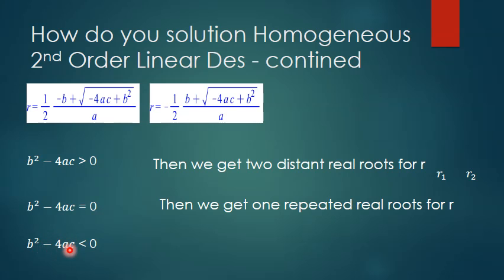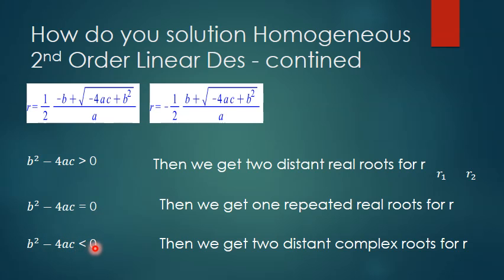And the last one is, if this is less than 0, I would get two distinct complex roots. So I'd still get an r1 and r2, but they would be complex. So what we're going to do is talk about the first two cases today: two distinct real roots, and repeated real roots.